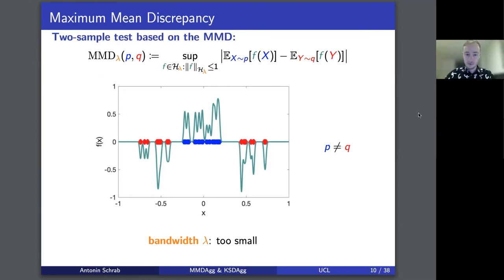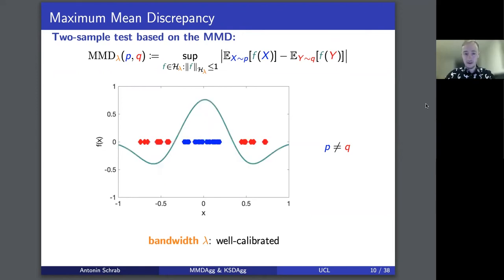If we have a bandwidth that's too small, like in this case, we really have a lot of wiggles here. But this is the case where P is different from Q. What we really want is that the witness function on the blue points is quite high, and the witness function on the red points is quite low, so that the difference in mean will be quite large. So this still works for a bandwidth that is too small. And if we consider a well-calibrated bandwidth, that's the witness function we would get.